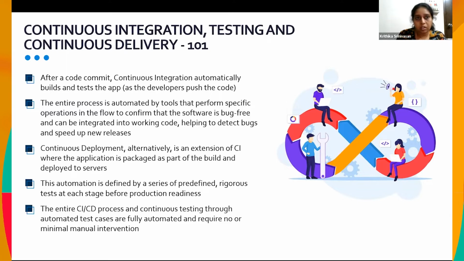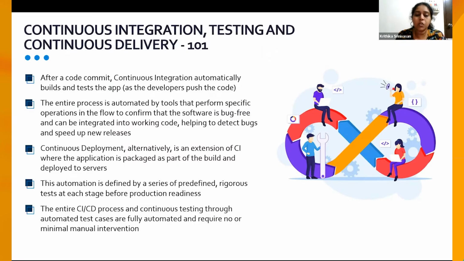Unit test cases, of course, happen as part of continuous integration, but also some functional test cases, system test cases, and regression test cases happen as part of the continuous testing procedure, which also gets triggered along with your pipeline. So one single pipeline is now extended to take care of continuous integration, deployment, and the continuous testing procedure. So the entire integration to delivery is handled.